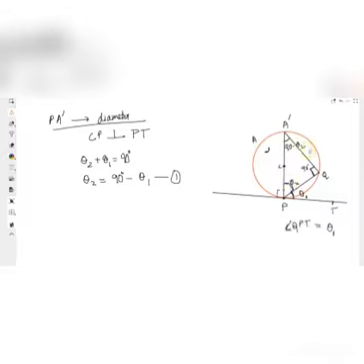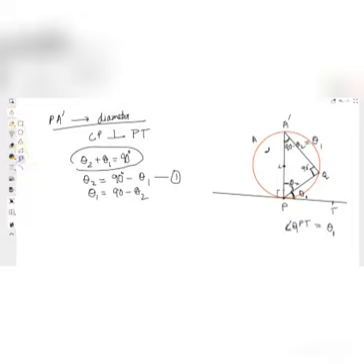So what is 90 minus theta 2? From here also we can say one more relationship, that theta 1 is 90 minus theta 2. So I can write it as theta 1, yes or no? That means this angle and this angle are equal.